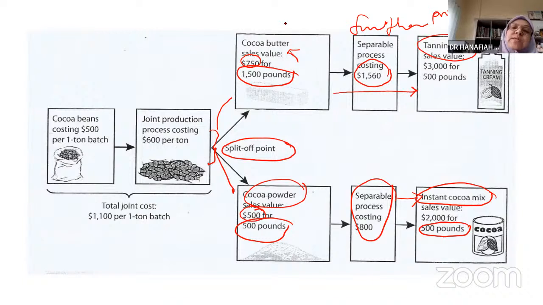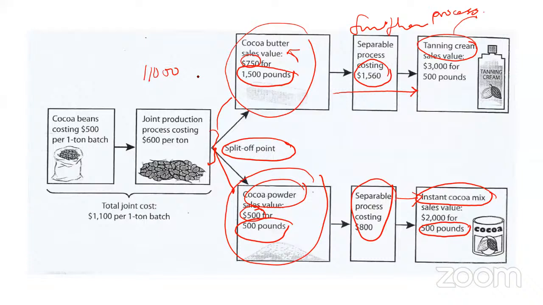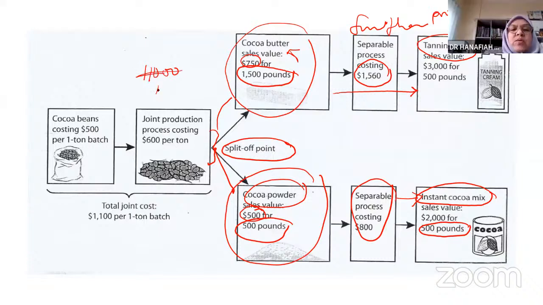Okay? You can stop here. If you're lazy, you think no point for us to continue, let me stop here. I can sell this cocoa butter and I still can make money. Then you stop here. Okay? At the split-off point, you have 1,100 joint cost.